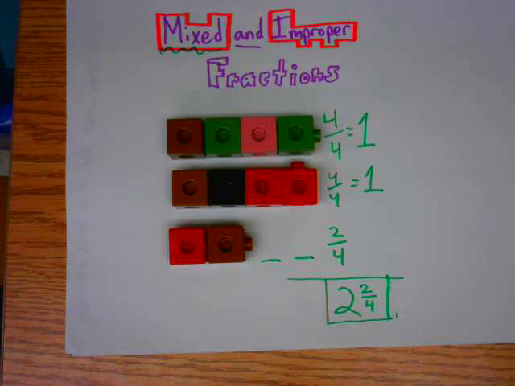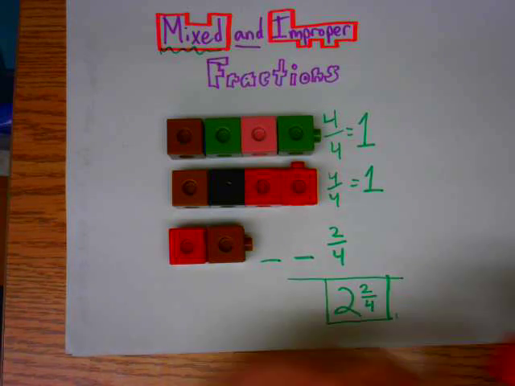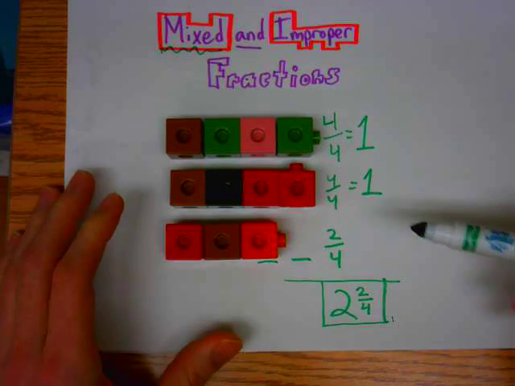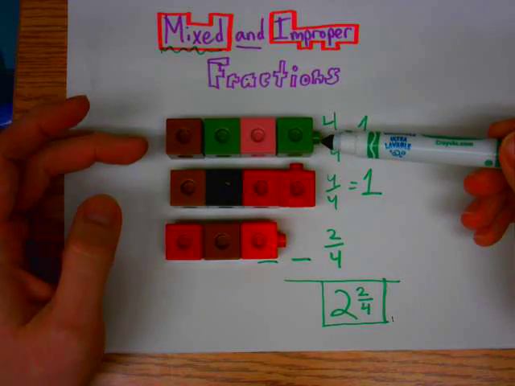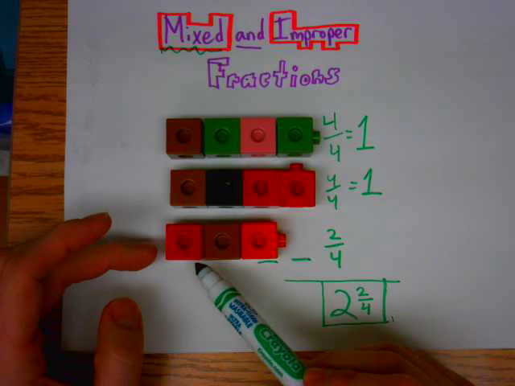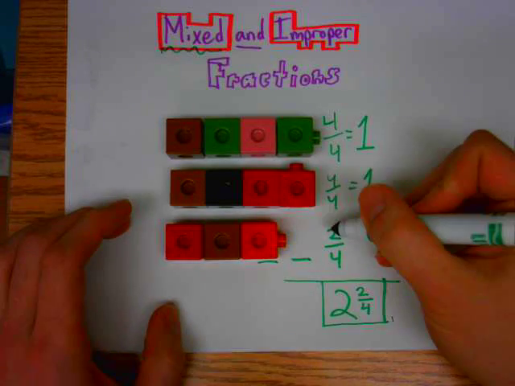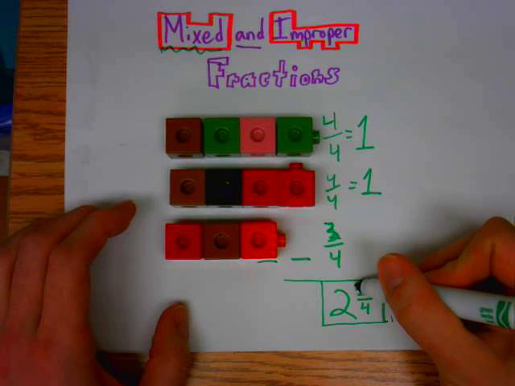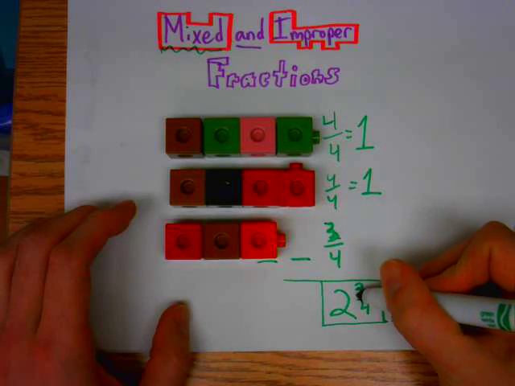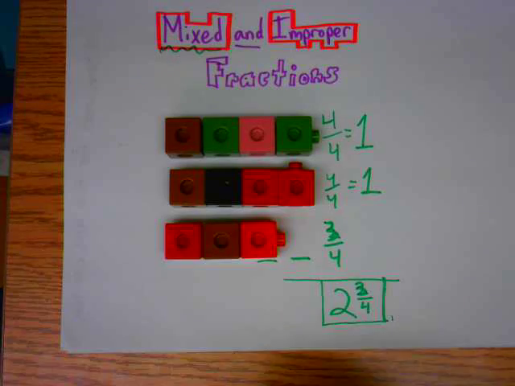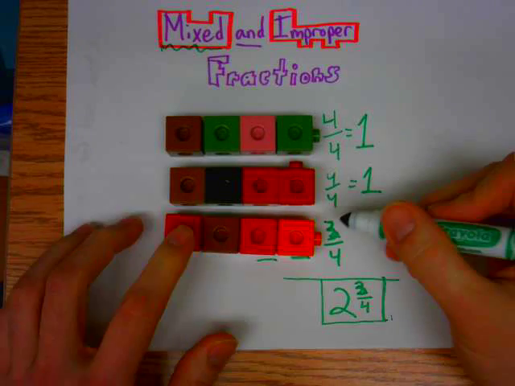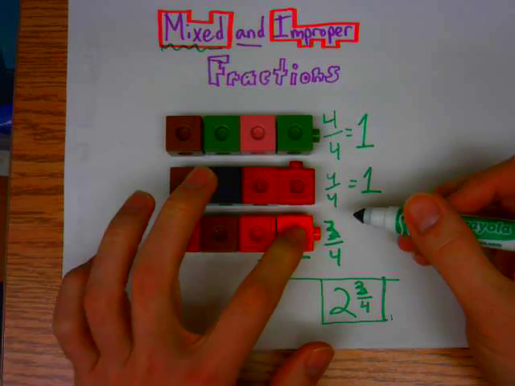If I add on another piece to this row right here, all of a sudden now I have 2 whole pieces, 1, 2, and now we have 3 pieces out of 4. So this would change to a 3 like this. And now we have 2 wholes and 3 fourths. And last but not least, if I add on one more piece, we now have 4 out of 4 here. 1, 2, 3, 4.